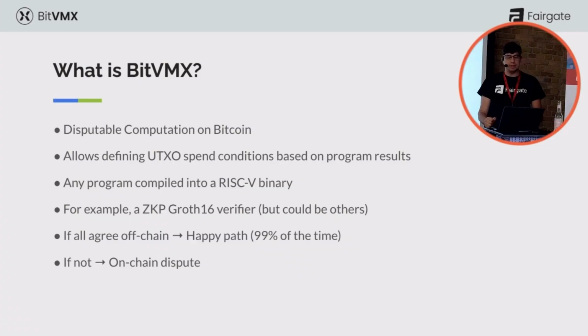So, what is BitBMX? Bitcoin script has several limitations. There aren't enough opcodes, it's not Turing complete, you cannot do complex computation, and there is, in the foreseeable future, no change to these opcodes or the way Bitcoin script will work.